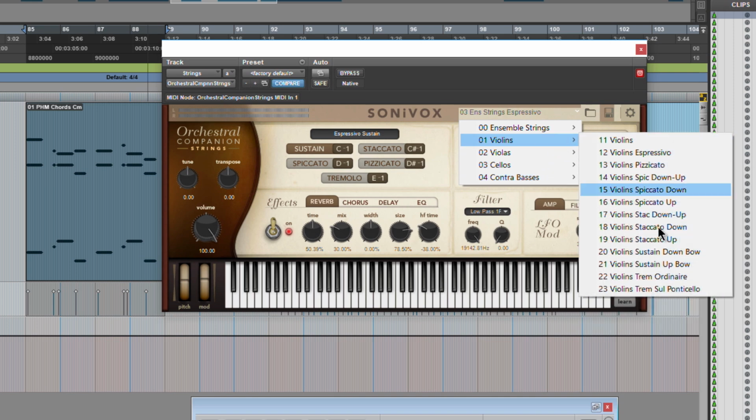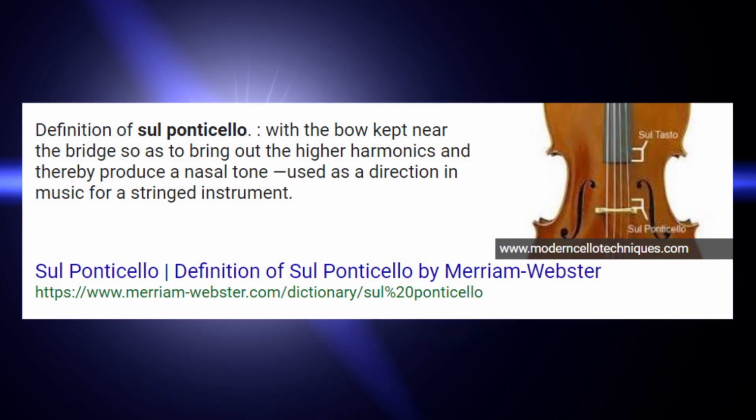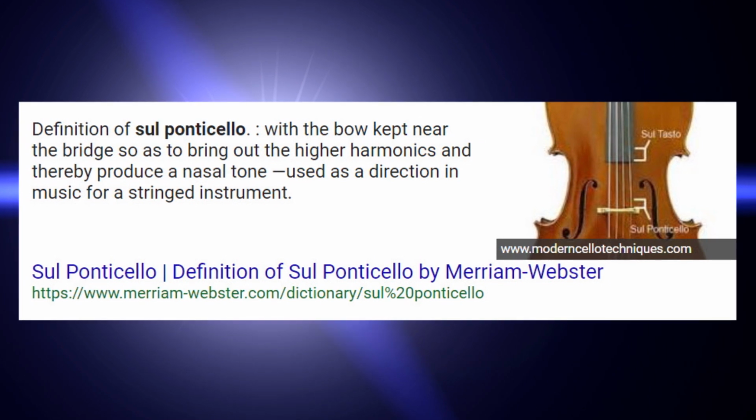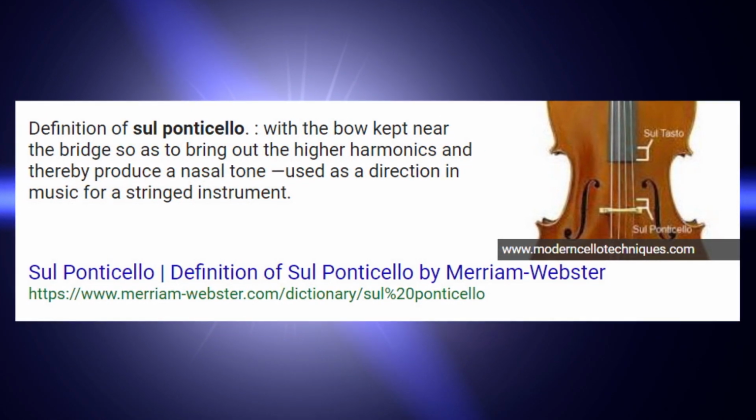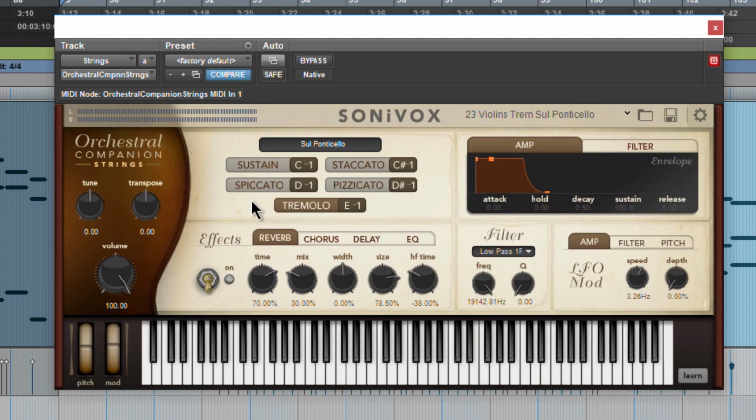So if I were to load up, say, violin, and we'll go with an articulation of, let's go for this trem here. Let that load up. Just like our espressivo that we loaded up, this has automatically dropped us into the tremolo articulation. If I choose something else, we don't have different articulations there. And this articulation is a little bit different than a standard tremolo. You can see the different articulations up here.